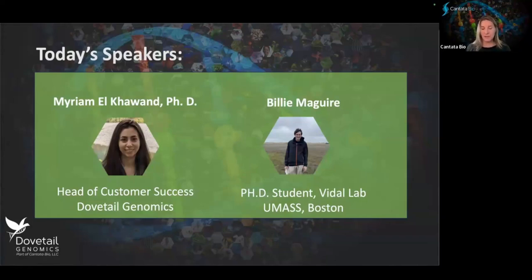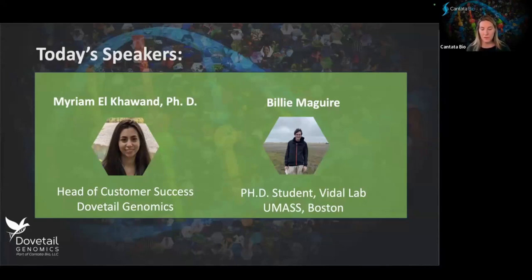Billie is a Ph.D. student in the Vidal Lab at the University of Massachusetts, and he's studying ecological genomics of Hyphantria cunea, or fall webworm. Billie graduated with an undergraduate degree from Georgetown University in biology, and he studied ecology and genetics of interacting plants and insects in salt marshes there.